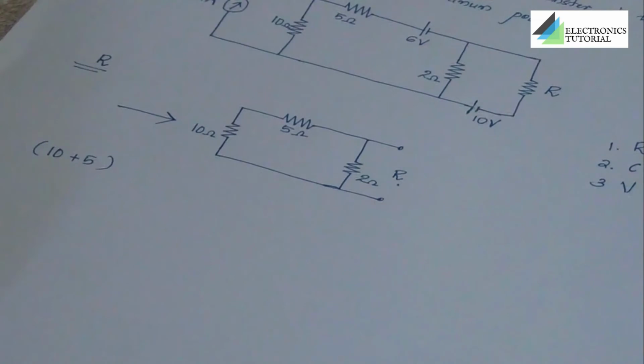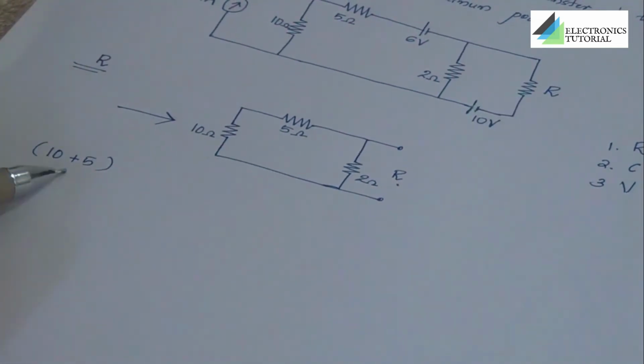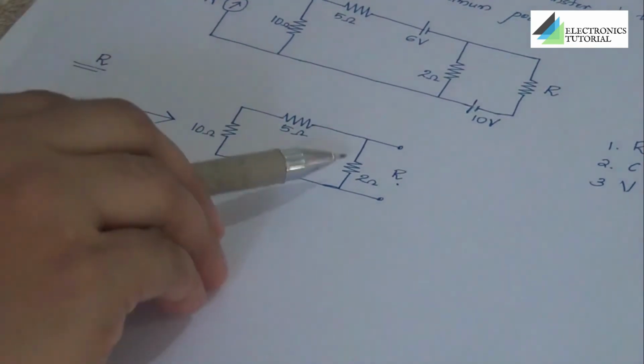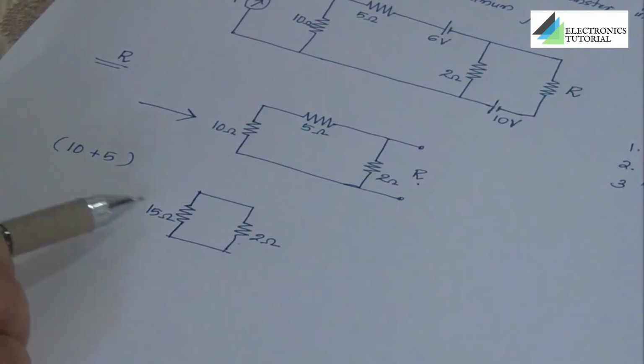We know that the effective resistance of a series combination can simply be written as R effective is equal to R1 plus R2, that is 10 plus 5. Now we'll check how this combination is connected to the next resistor, 2 ohm. To have a clear picture, I have redrawn this.